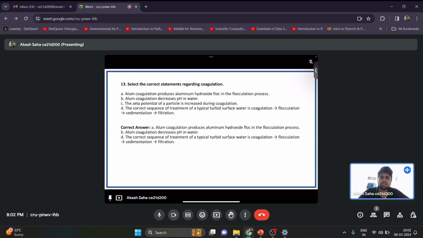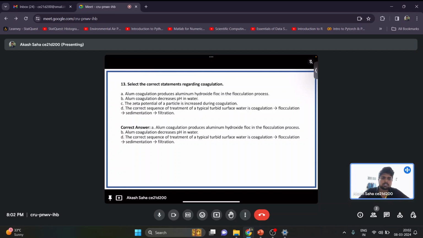Now the zeta potential of a particle is increased during coagulation, which is not true because the zeta potential will be decreased in the case of coagulation. So option C is incorrect. And the other thing, the correct sequence, it is also fine because after coagulation we go for flocculation and then sedimentation and filtration respectively. So options A, B, and D all are correct.